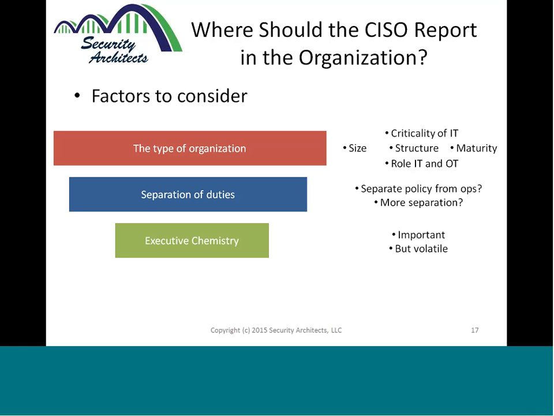You could also look at the structure and maturity of the organization because it has to make sense with the type of organization that it is and whether it's mature enough to handle the kind of separation of duties that you're going to get when you put the CISO outside of the IT and perhaps have him or her deal with policy issues while leaving a security team within IT to deal with operational issues. So these are the different factors to look at. Size is also a factor.